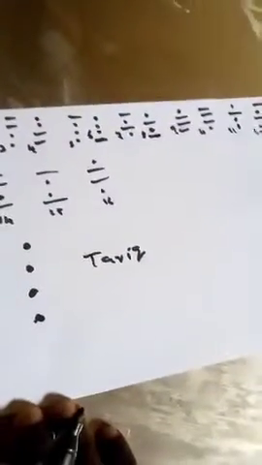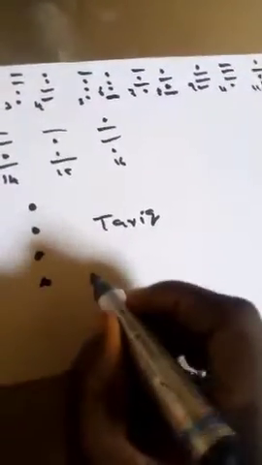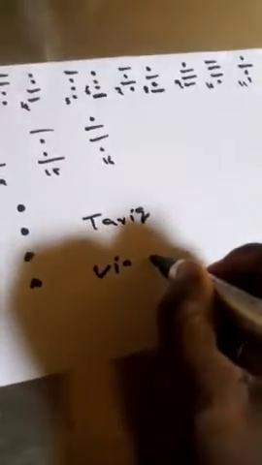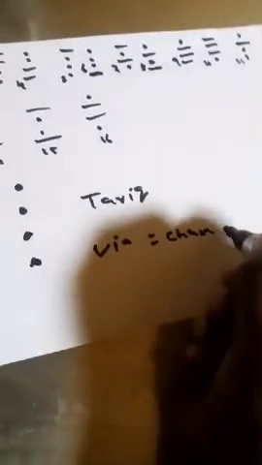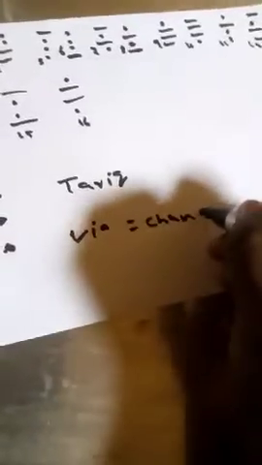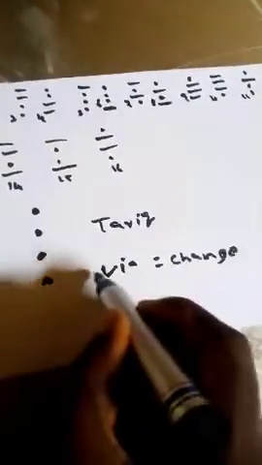And this tariq in European geomancy is called via, which means change. It talks about change, movement. Via talks about change. So this one is European, and this is al-raml.